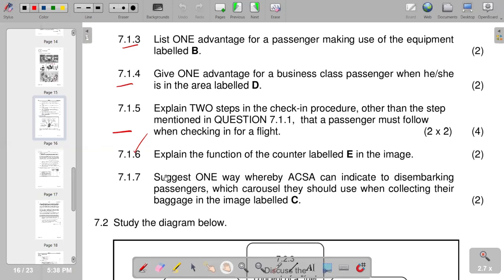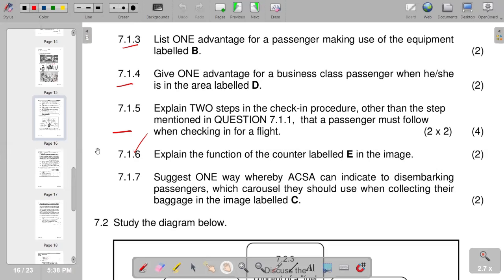Referring back to the question, it says suggest one way whereby ACSA can indicate to disembarking passengers which carousel they should use when collecting their baggage in the image labeled C.